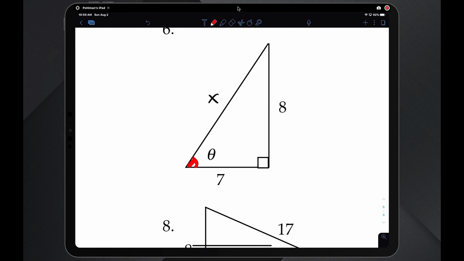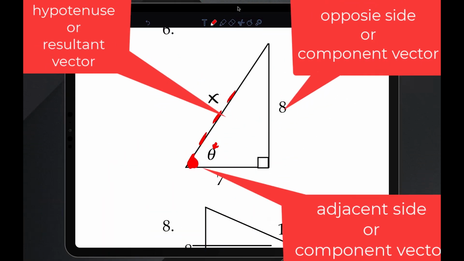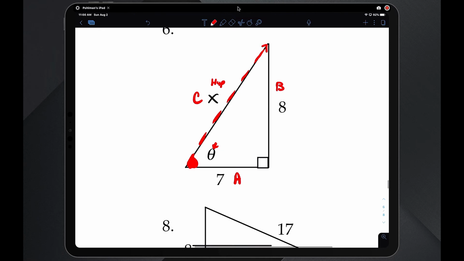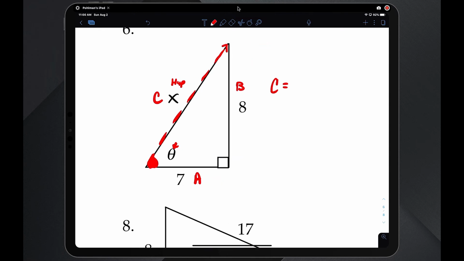Question 6. Here is my angle. Theta is right here. So that's my point of origin. The longest side is going to be your resultant vector. That's what we would term the hypotenuse, or side C. Side A then, the adjacent side is 7. Side B is the opposite side, labeled 8 for this. We're trying to find side C, so we have C equals the square root of 7 squared plus 8 squared.